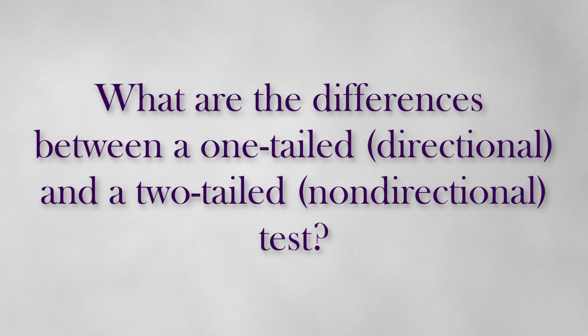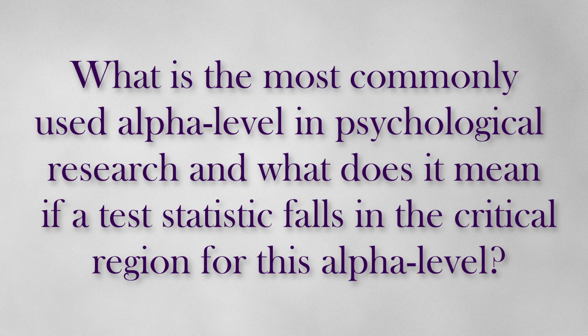What are the differences between a one-tailed or directional test and a two-tailed or non-directional test? What is the most commonly used alpha level in psychological research? And what does it mean if a test statistic falls in the critical region for this alpha level?